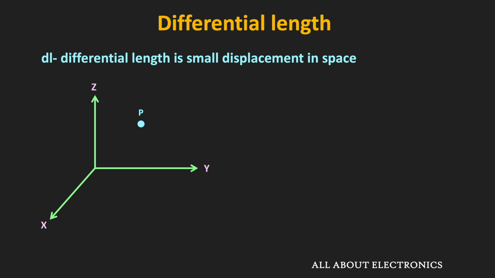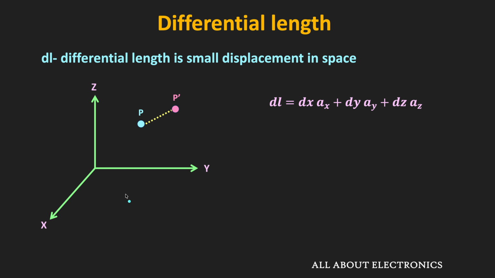Let's say in the Cartesian coordinate system, we have some point P and we are moving from the point P to P dash. In this direction, the differential length dl can be given as dx times ax plus dy times ay plus dz times az.